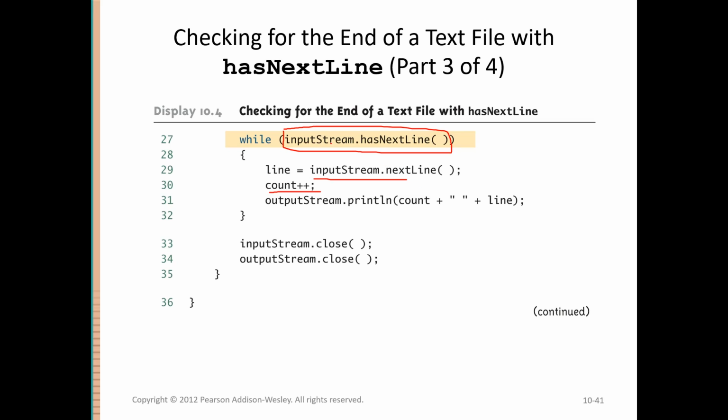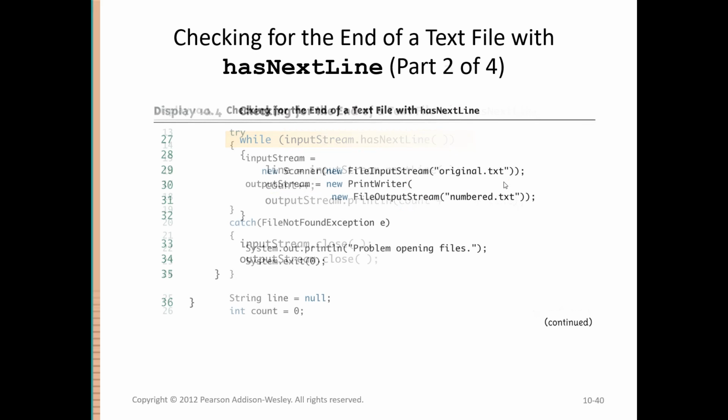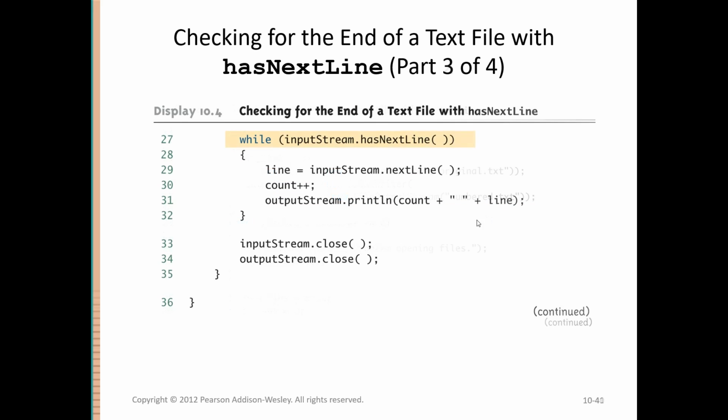So I read each line from the original and add it into the numbered file, numbered.txt. I will have exactly the same content, but before each line, I have the line number: line 1, line 2, line 3, line 4, and so on. And when I'm done, I just close the streams, and that's it.